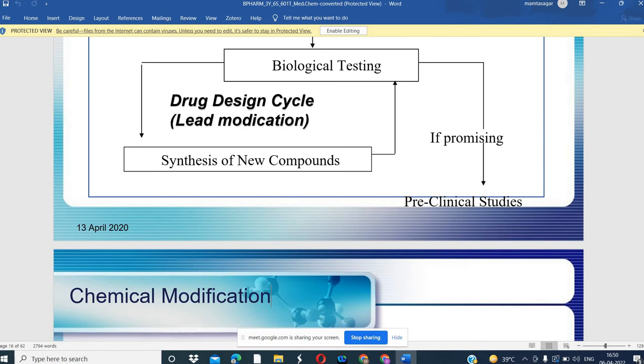So we do the lead modification, like sometimes we change the position of a group, we shuffle the group ortho, meta, para, using QSAR studies. Here QSAR is used, quantitative structure activity relationship. This study is used to make the change, to shuffle the groups at ortho, meta, para positions.